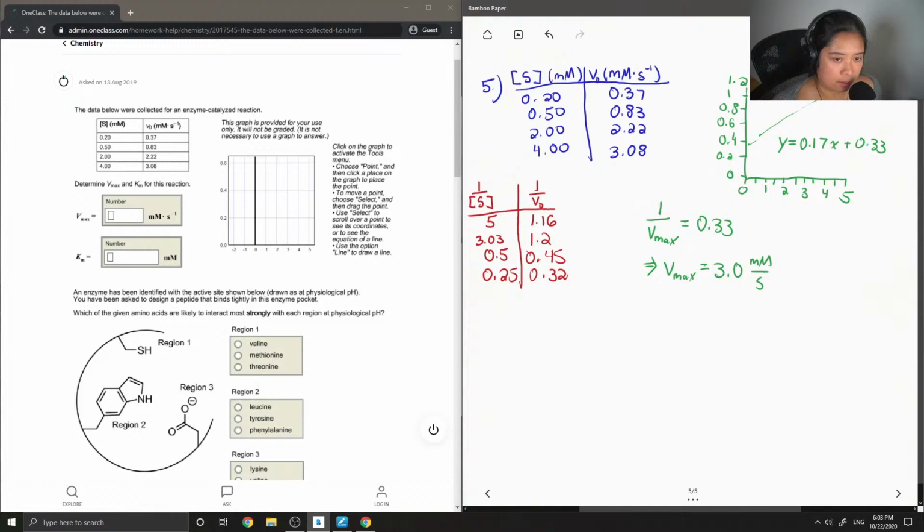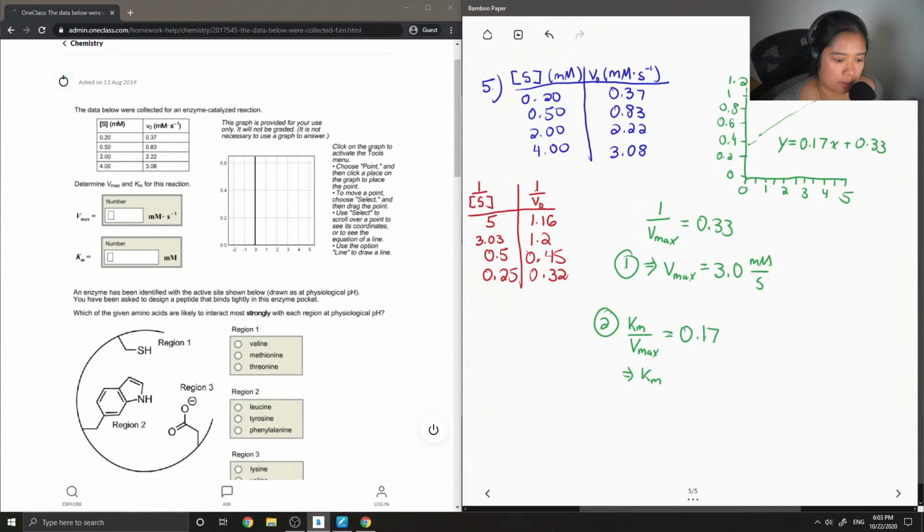And then secondly, for our slope, we know that the slope is equal to Km over V max. And the slope of the line is 0.17.